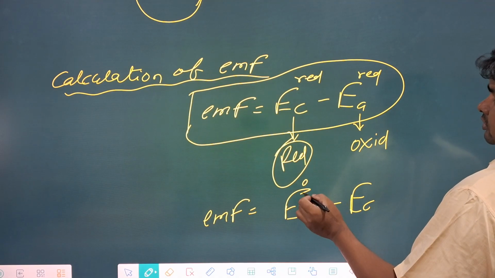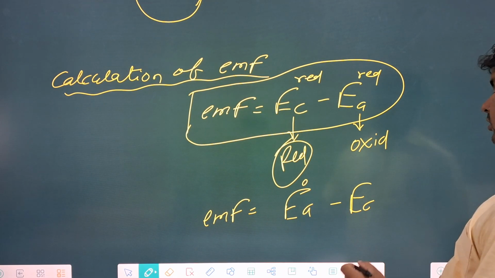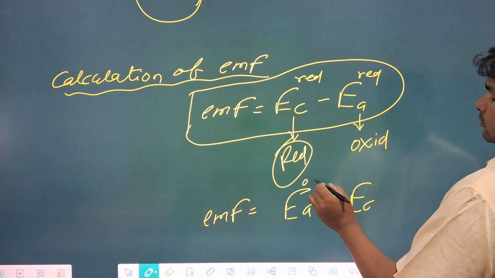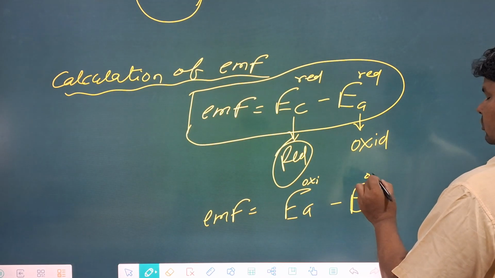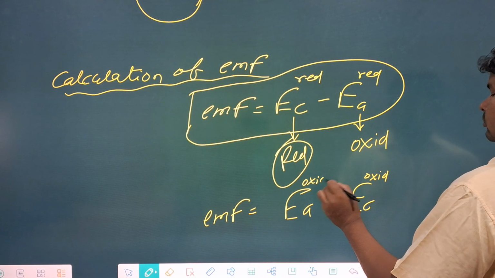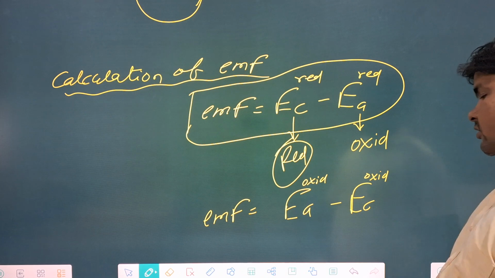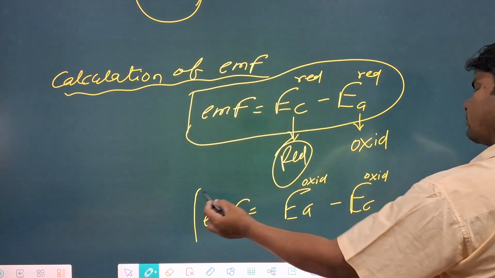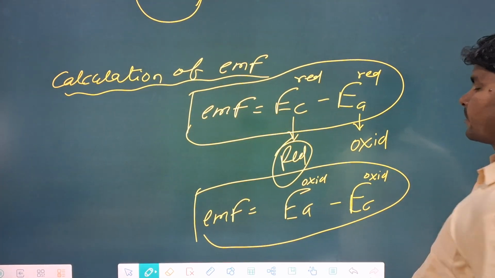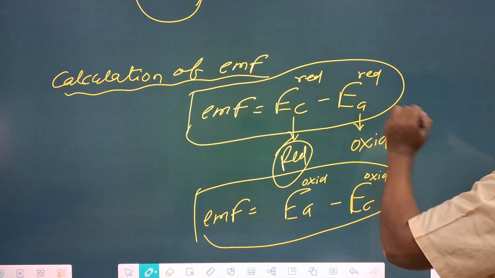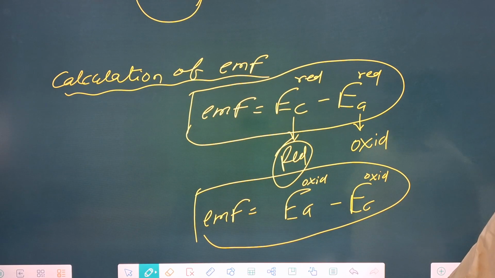The given value of electrode potential is oxidation potential. If oxidation potential value is given, then this formula is applied. If reduction potential value is given, then the other formula is applied.